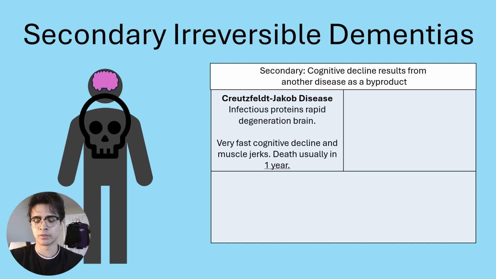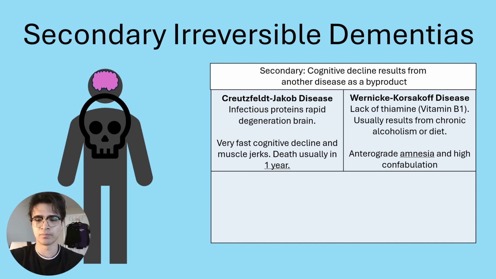This is when an infectious protein enters the body and starts infecting other proteins within your nervous system. These are called prions, but I think that's out of scope. The symptoms of this disease are a very fast cognitive decline and muscle jerks. It's so fast that death usually occurs within 1 year.